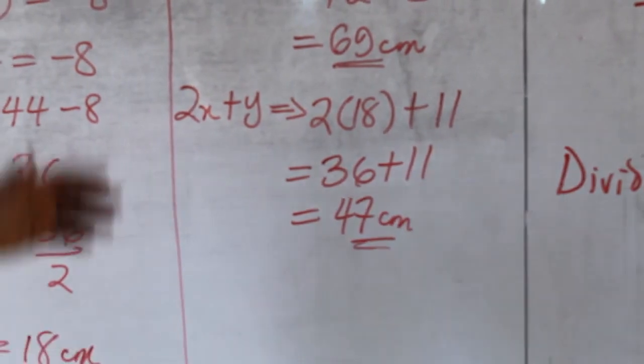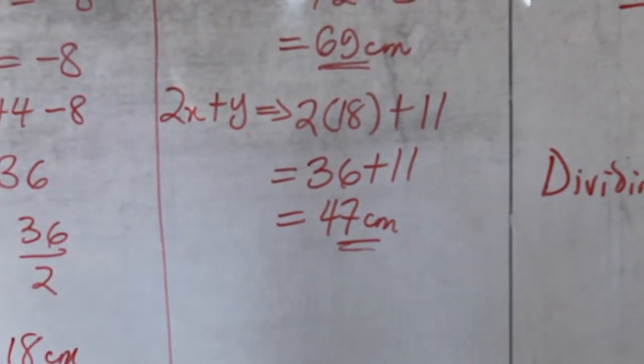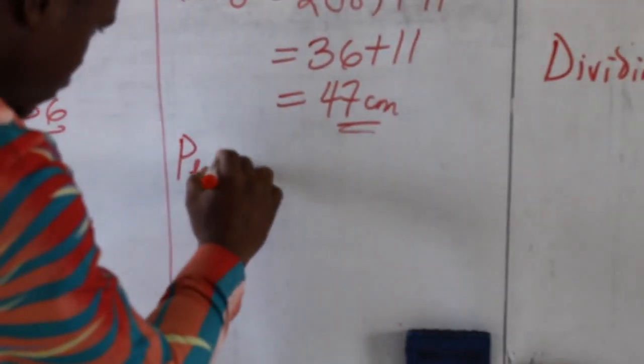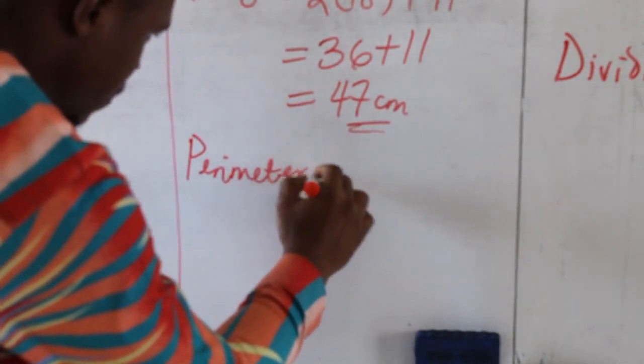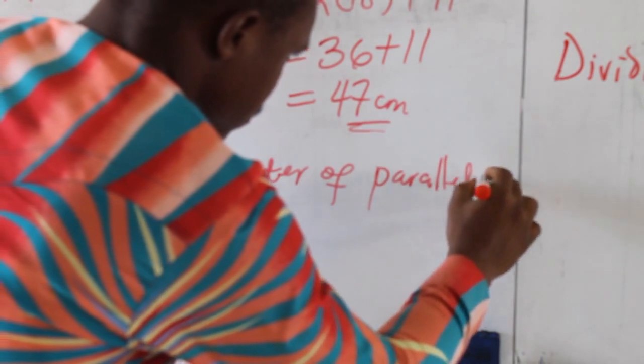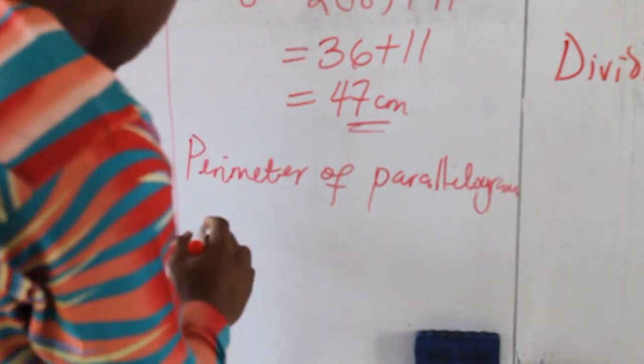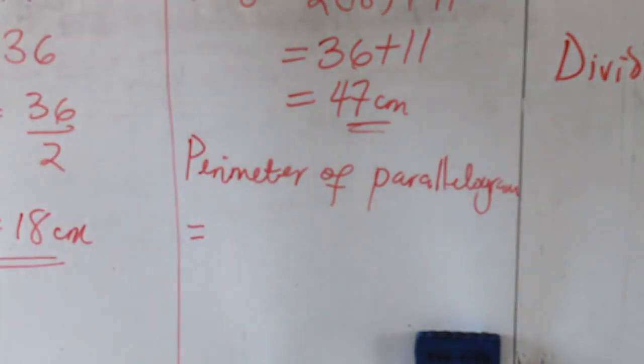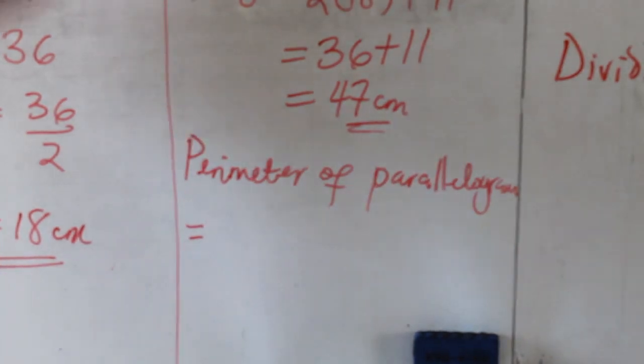So finding our perimeter of the parallelogram, as I said, will be the sum of all four sides.